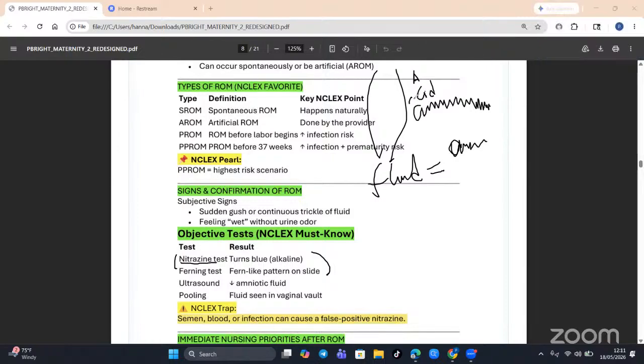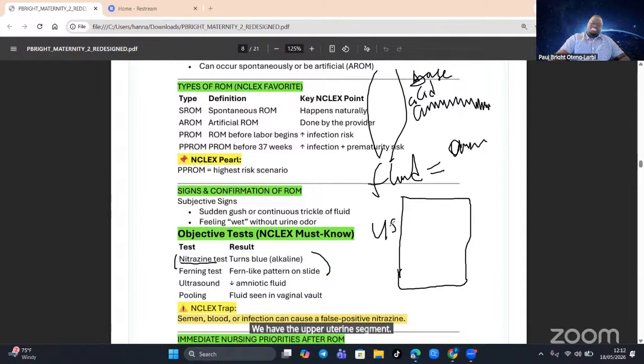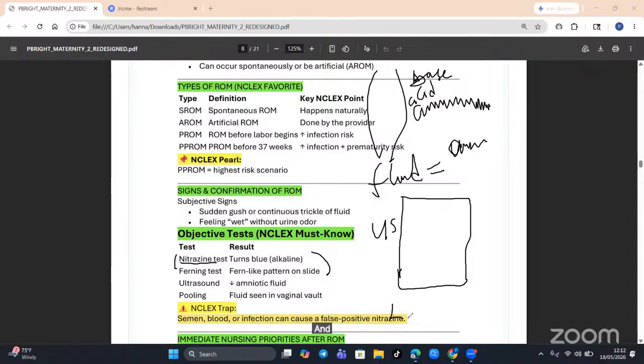It's a base. When you take a woman's uterus, okay, we have the upper uterine segment and the lower segment.